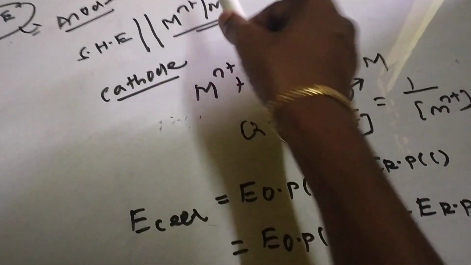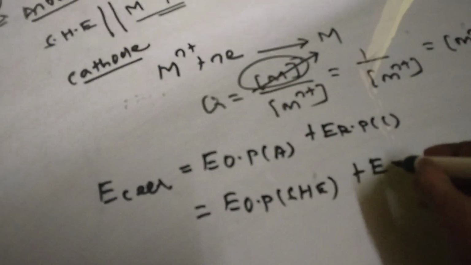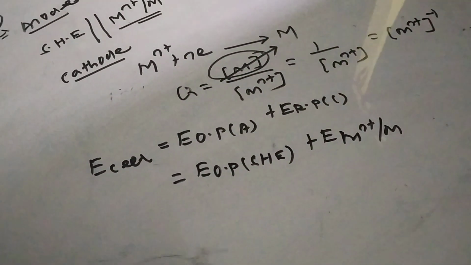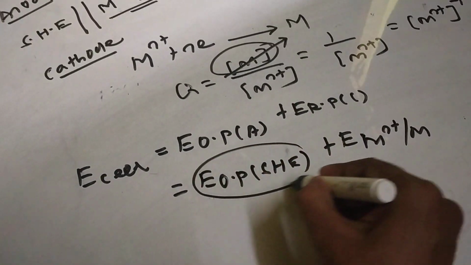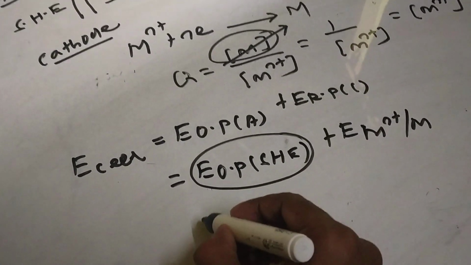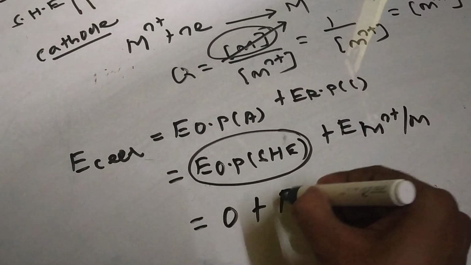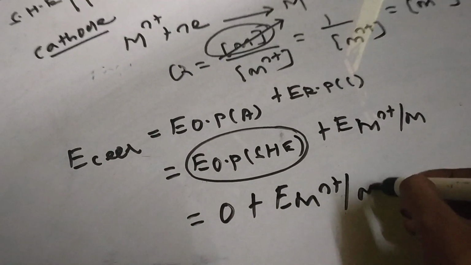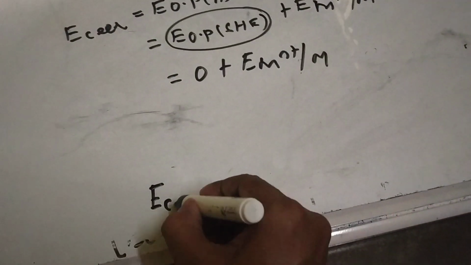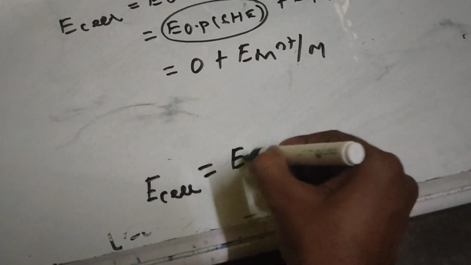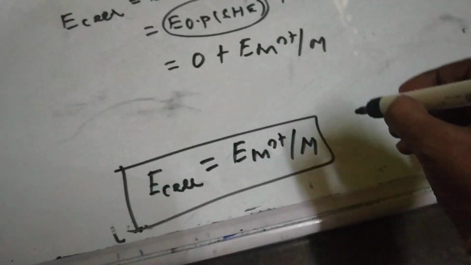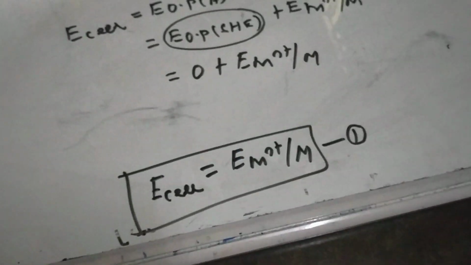Mn+ is converted to M, so that is E of Mn+ to M. We know SHE is a reference electrode and its oxidation potential as well as reduction potential is equal to 0. So E cell is equal to 0 plus E of Mn+ to M. So E cell is equal to E of Mn+ to M; let's say this is equation number 1.